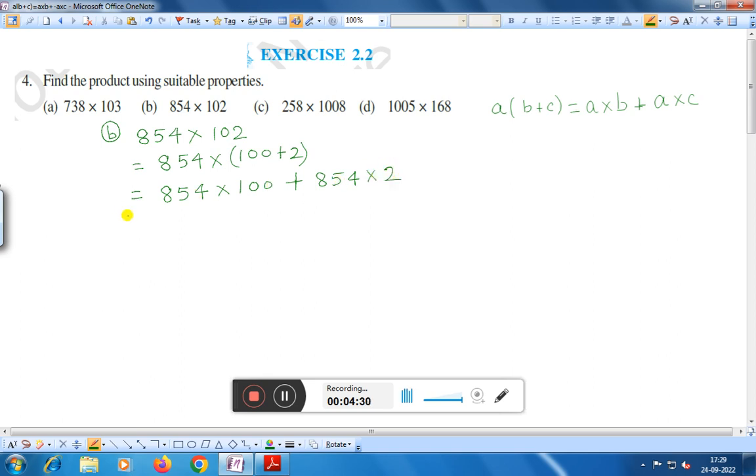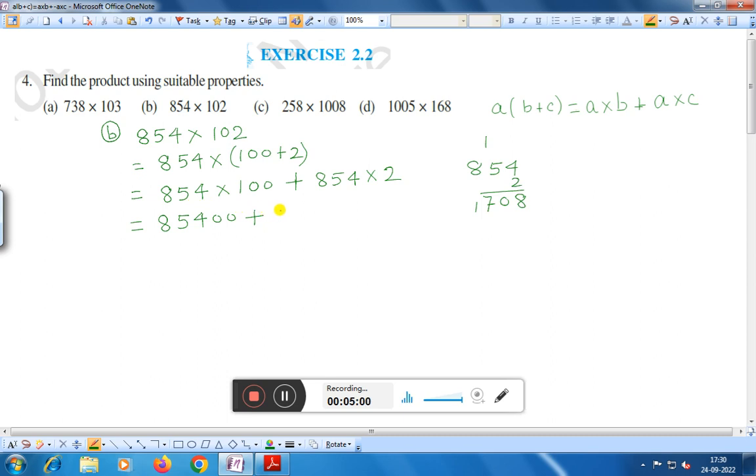If we multiply this number, we are getting 85400 plus 854 multiplied by 2. That is 2 times 4 is 8, 2 times 5 is 10, carry 1, here this is 0, it is 16 plus 1, 17, 1708.